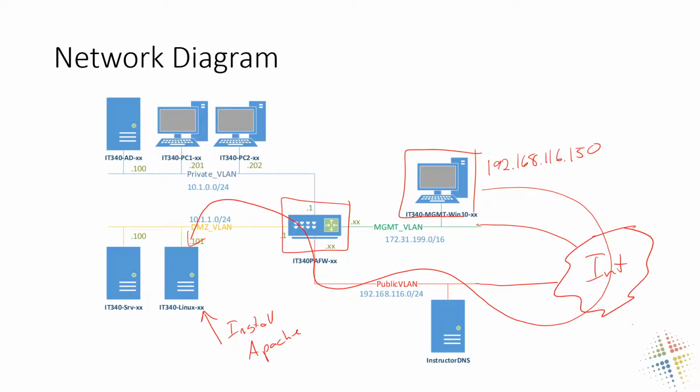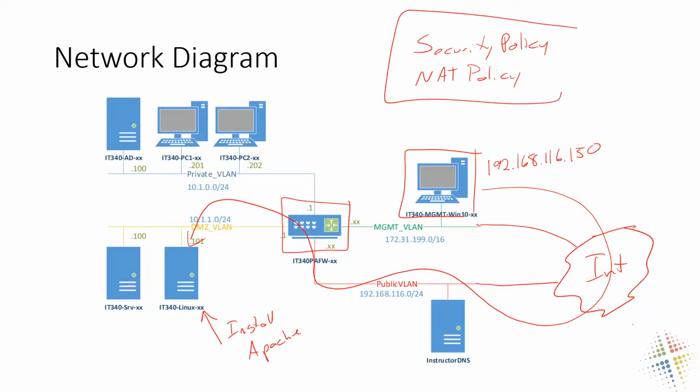And then the last thing we could do is actually configure the firewall. Now, just like when we configured everything to be able to access the internet, we will have to configure a security policy as well as a NAT policy. And these get a little weird, just the way things work in the Palo Altos and the way that the traffic is actually going from one point to another.